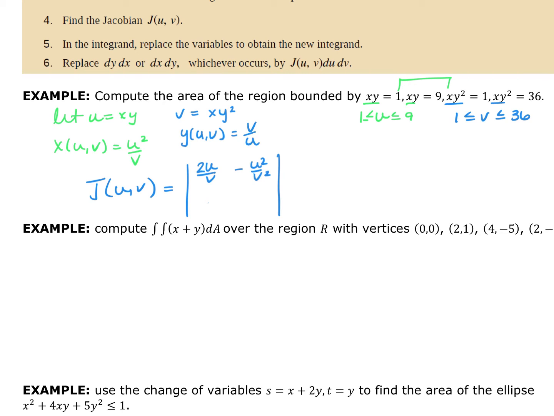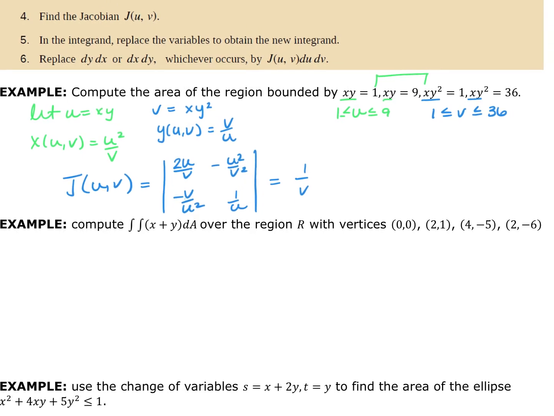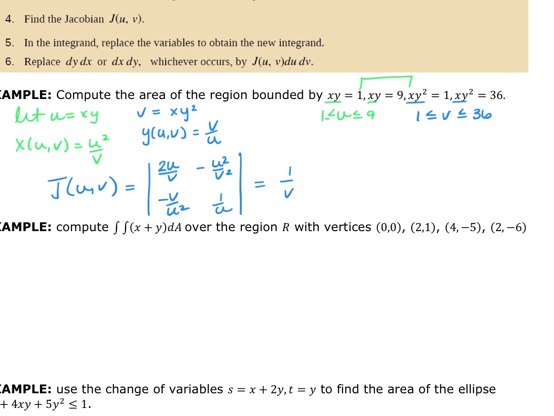So this is going to be negative v over u squared, and this one's going to be 1 over u. Helps if I have those in the right places. When I do this determinant, I get 1 over v. Since I have 1 over v, I'm going to integrate with respect to u first. I'm going to integrate with respect to v last, so v is going to go from 1 to 36.